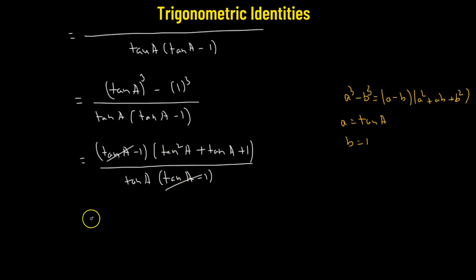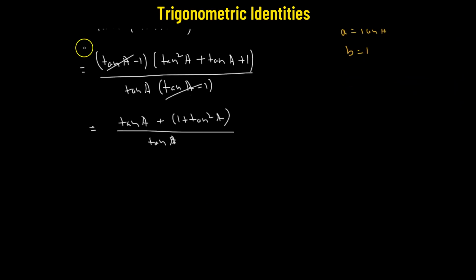Now in the numerator, what we have here is tangent of A plus 1 plus tangent squared A, whole divided by tangent of A. Now 1 plus tangent squared A, that's a trig identity.